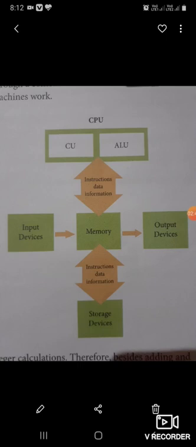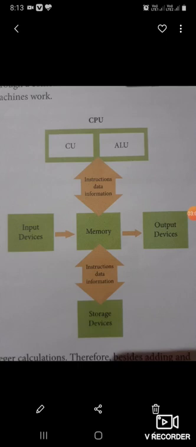The ALU performs the calculation or takes the correct decision, and then it comes again to the CU. Now the CU delivers that as a result, with the help of the memory unit, to the output devices, and we get the result through output devices.